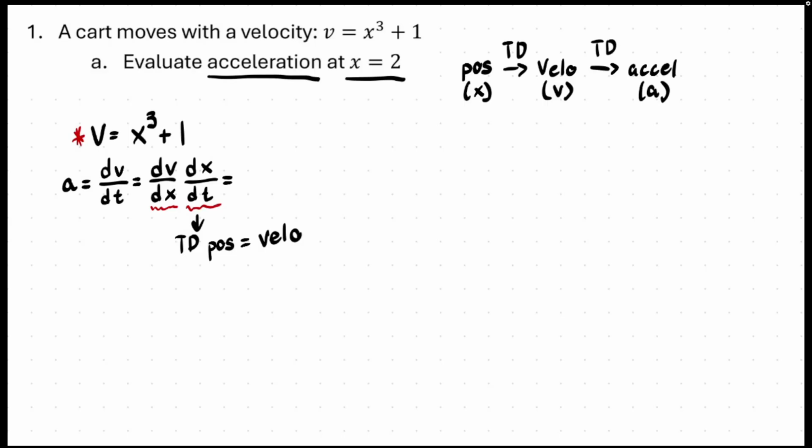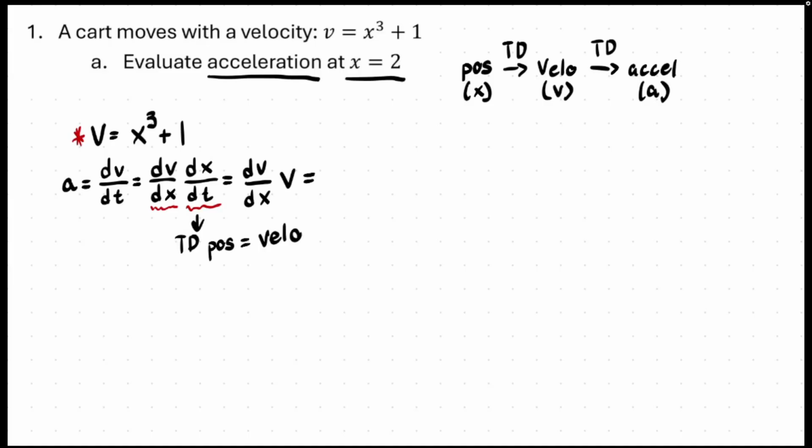So how can we rewrite this? We can just say that this is dv dx times the velocity. All right, so now we can plug stuff in.